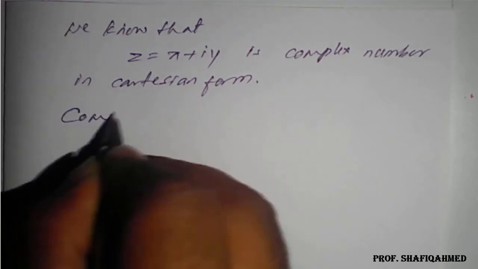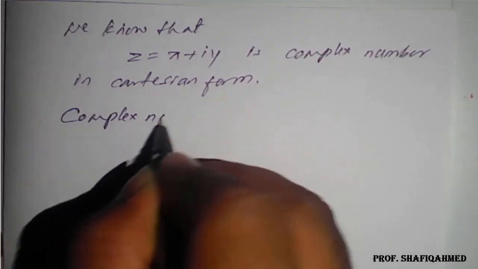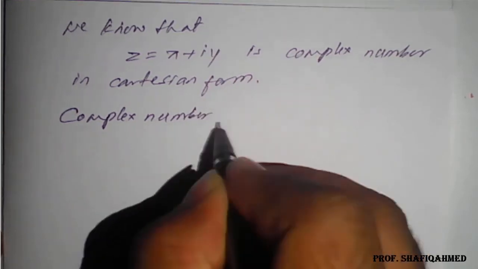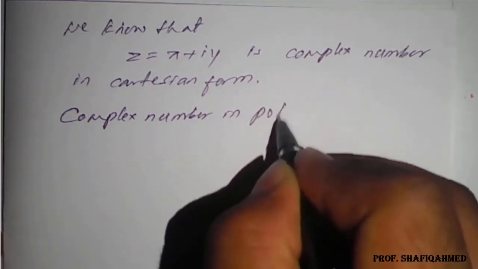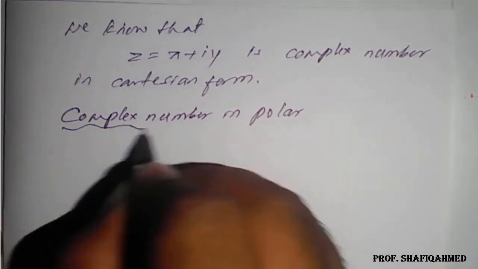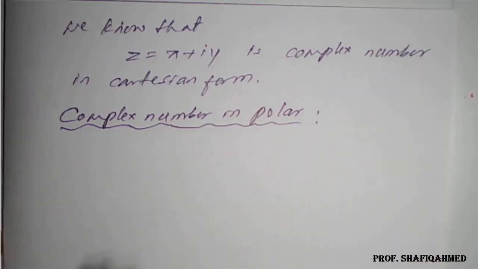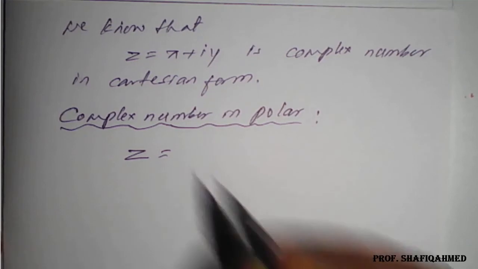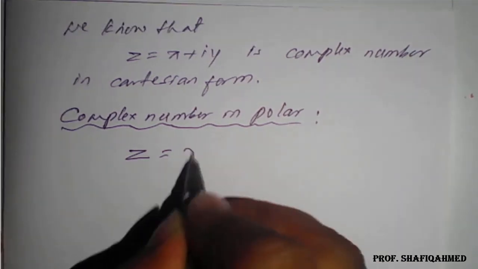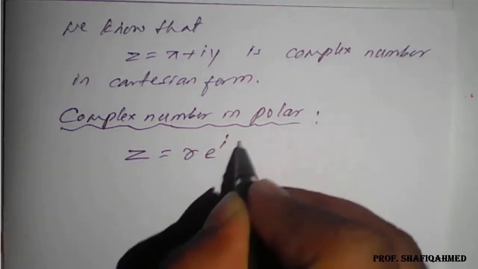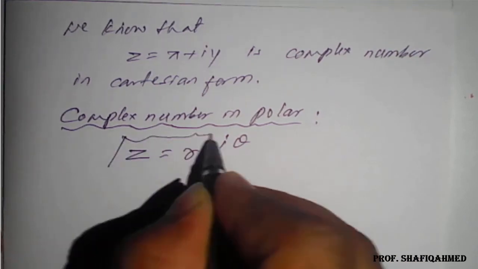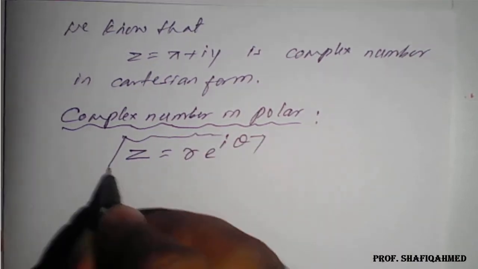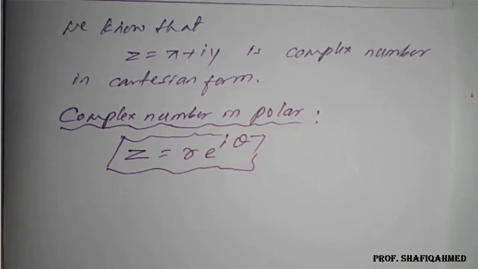We'll see a complex number in polar form. Here a complex number in polar form is given by z is equal to r into e raised to I theta. Actually this is proved by using De Moivre's theorem, so I will not go into that in detail.